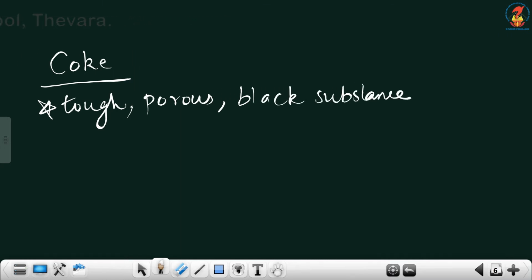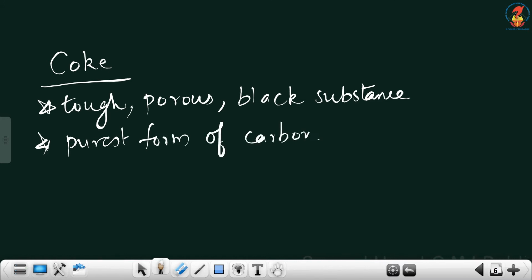It is almost a pure form of carbon. Now, next the uses. So, these are the properties or characteristics of coke. It is a tough, porous, black substance. It is the purest form of carbon.